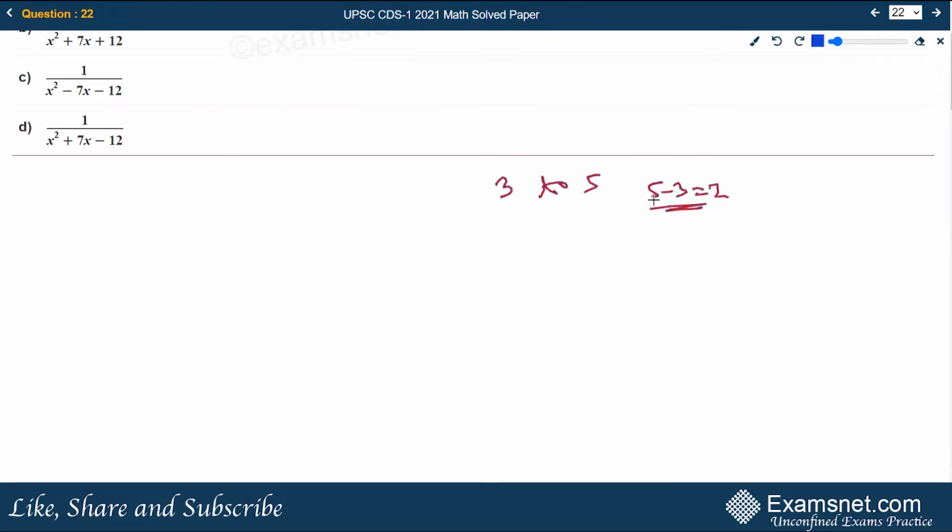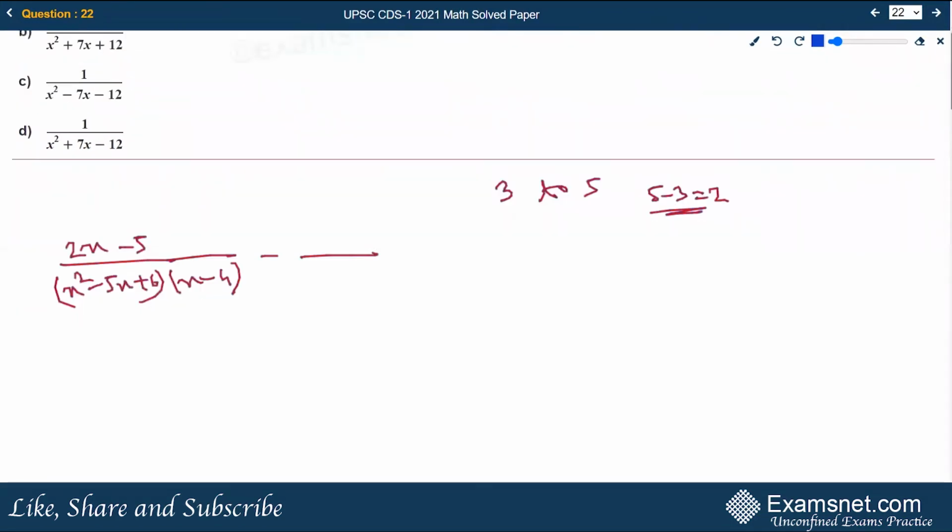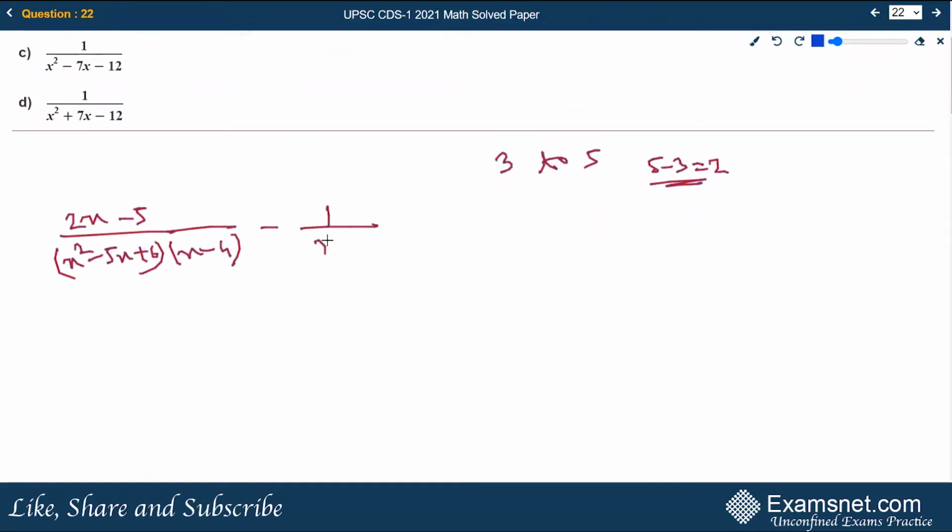Same way we will treat this question. We will subtract the first expression, that is 1 by (x minus 2)(x minus 4), from the second.